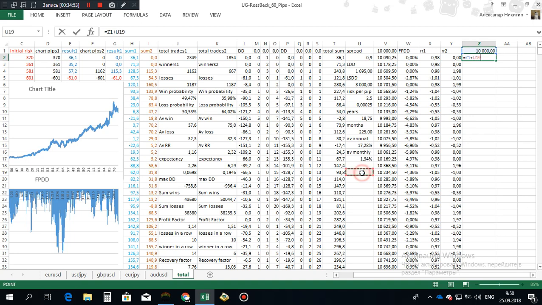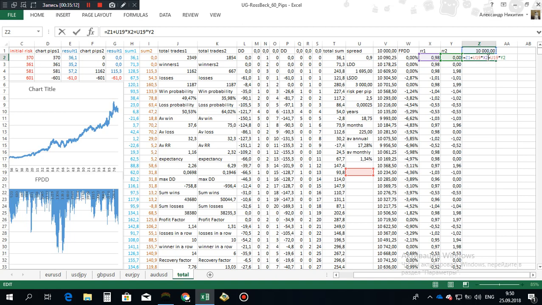This would be the risk. 1% of your account multiplied by risk to reward number 1, plus your risk multiplied by your risk to reward number 2.